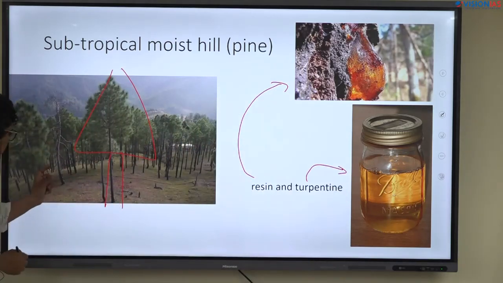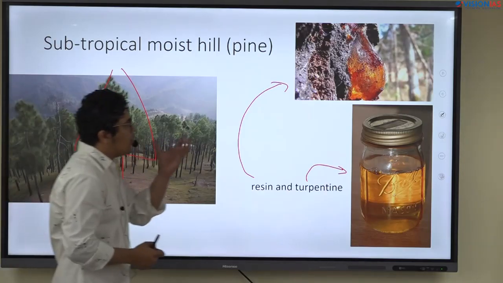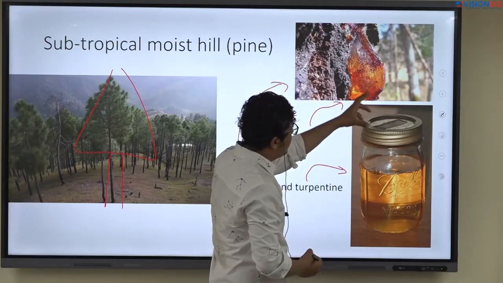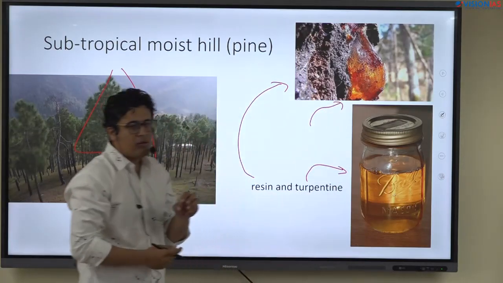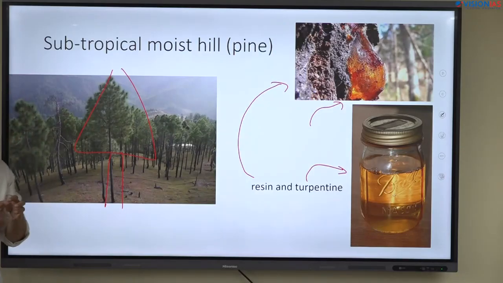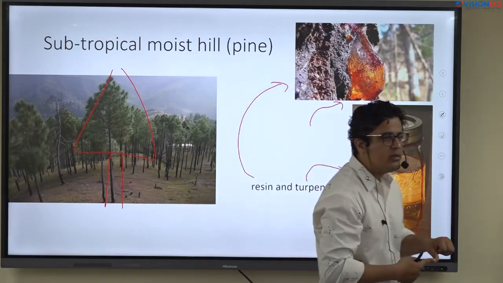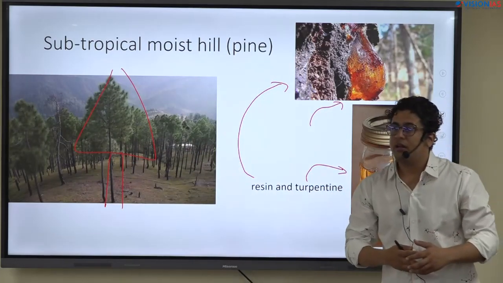If you remove a small portion of the bark of this tree, a wax-like substance will appear. So this is obtained from the bark of pine tree, resin. Resins are used in medicines, especially in Ayurvedic medicines, in different industries.